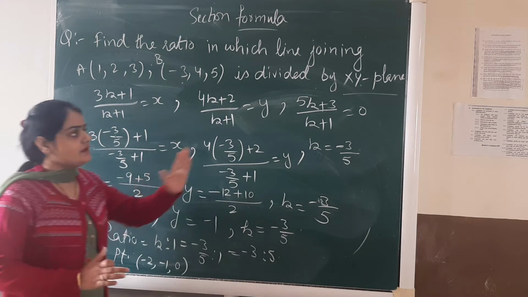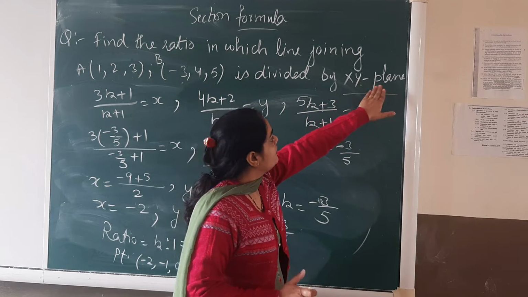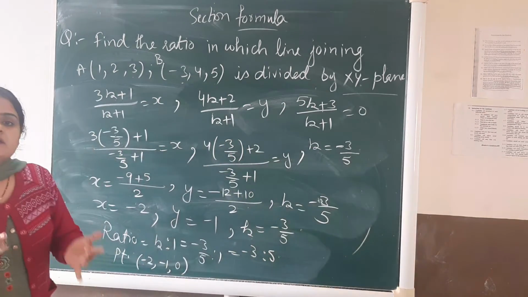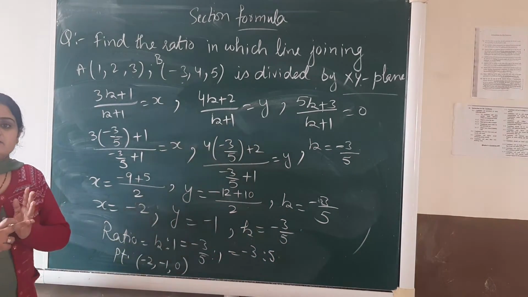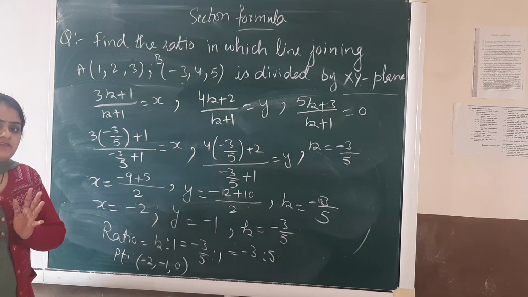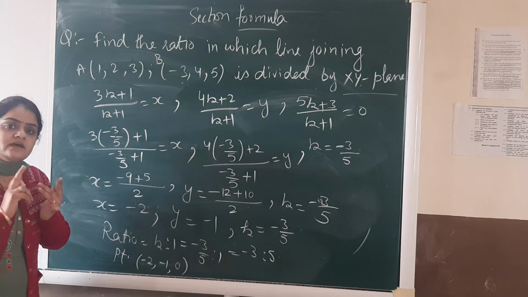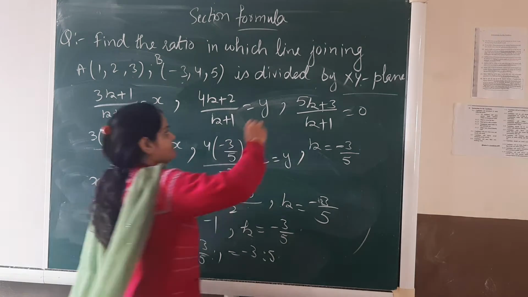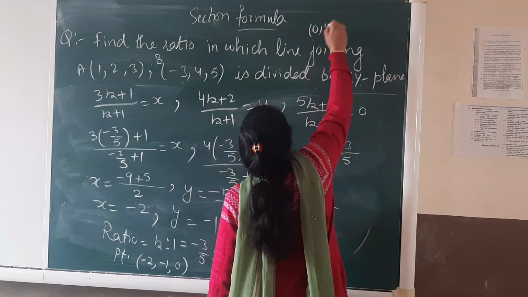Well, here in the question it is divided by the xy plane. If the question comes when it is divided by the yz plane in place of the xy plane, in that case you will take the point 0 comma y comma z.